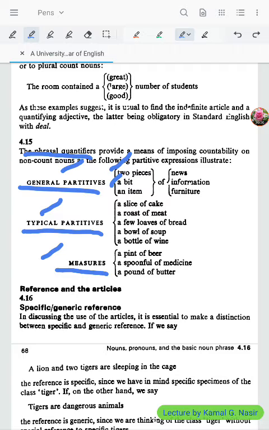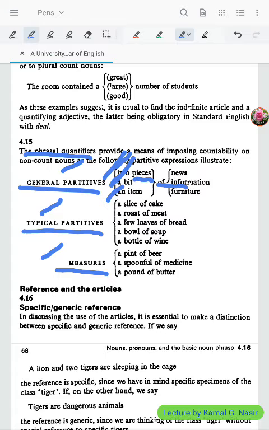Now news is classified into pieces, and you talk about two pieces. Information is classified, so it is a bit of information. Furniture also is classified.